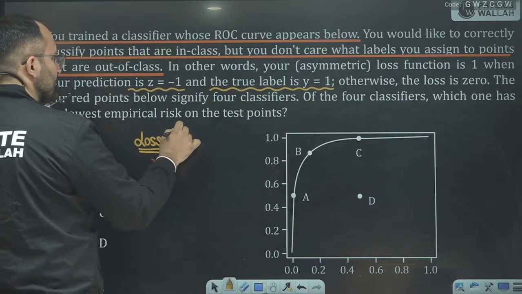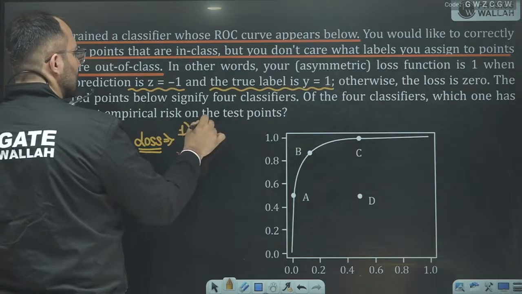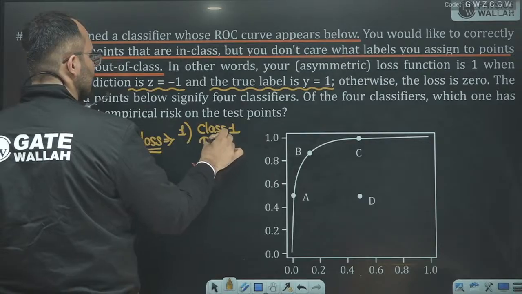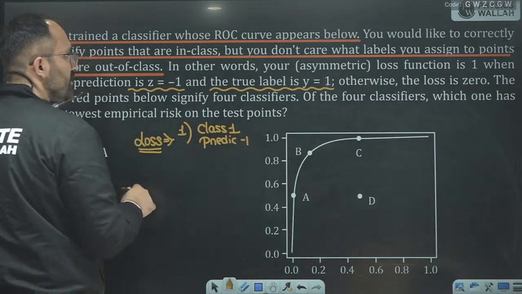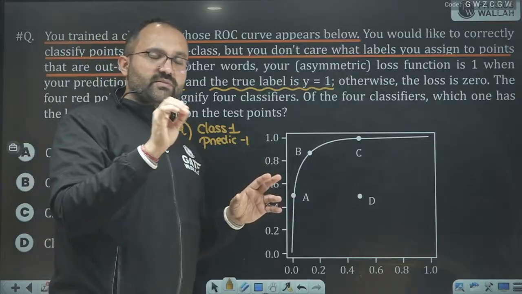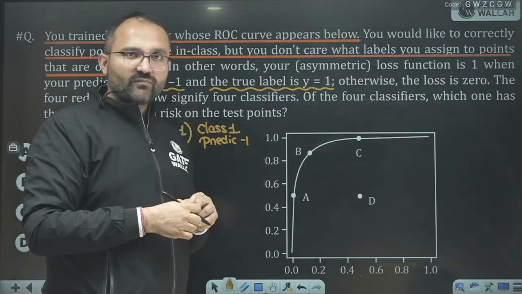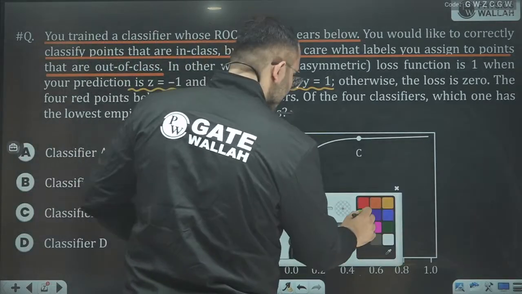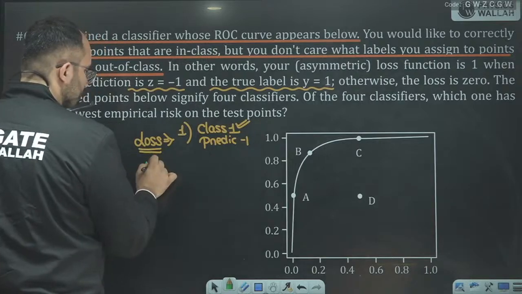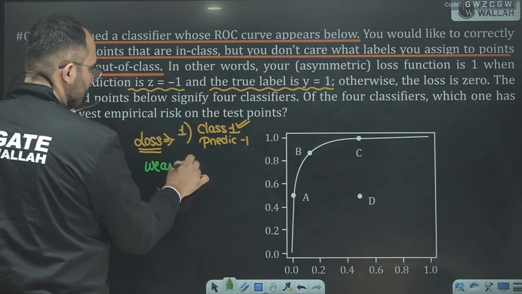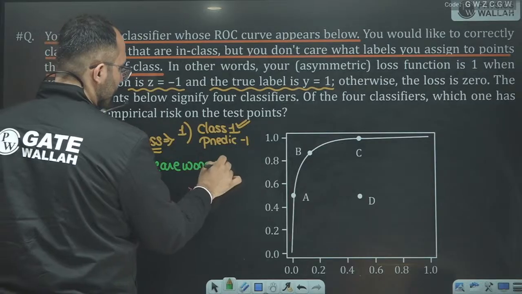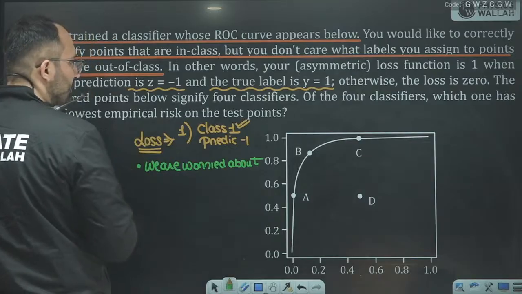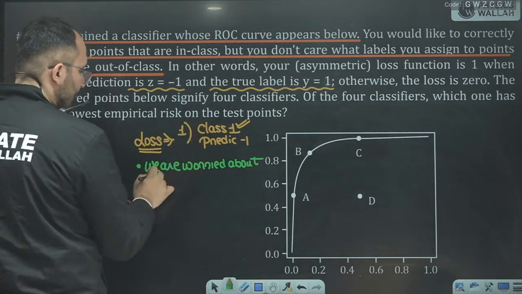So the loss function is 1 when the class of the point is 1 but the prediction is -1. Otherwise the loss function is 0. It means you are not worried about the negative class points, you are worried about the positive class points only.